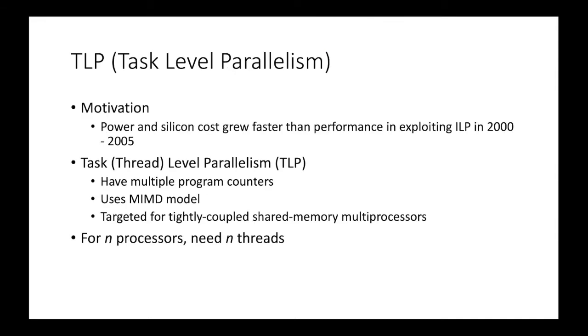Now let's talk about task level parallelism, also known as thread level parallelism. This is the second type of parallelism out of three, and the motivation is that we hit the power wall and heat wall around 2005, so we couldn't increase clock frequency to exploit the ILP further.